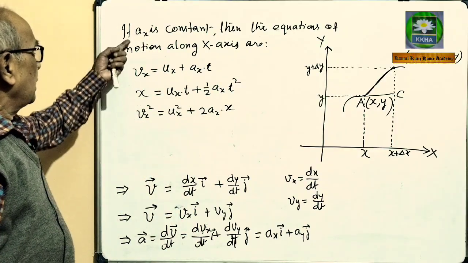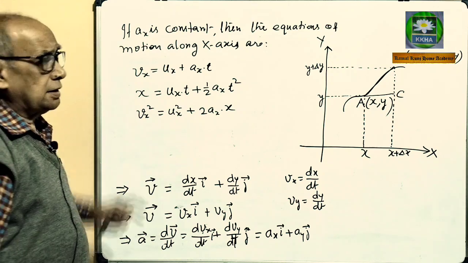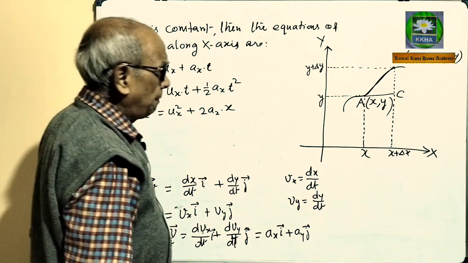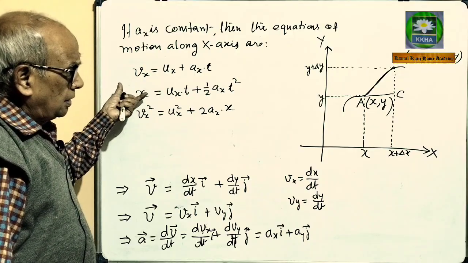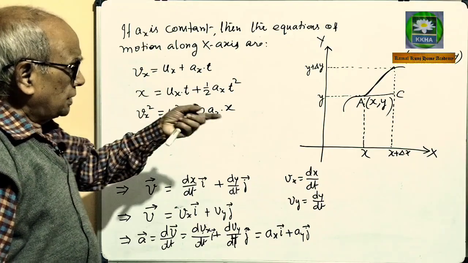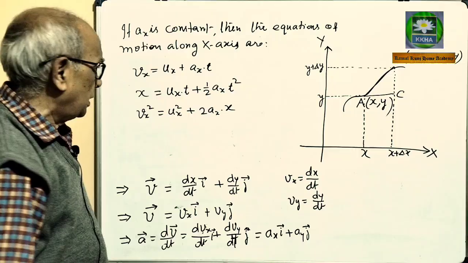So if ax, the component of acceleration along x-axis, is constant, then it becomes linear motion along x-axis with constant acceleration.